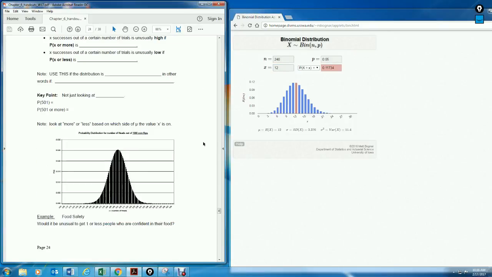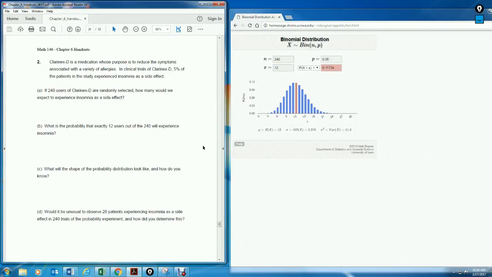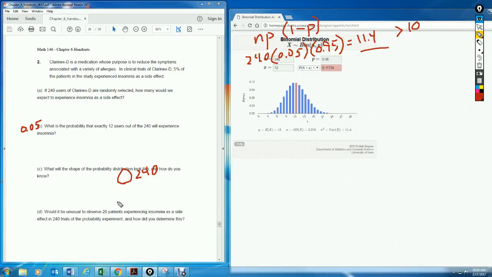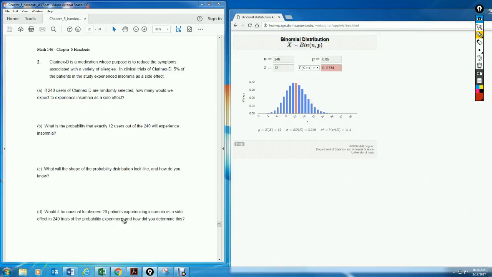So now if I come down here to the last part of the problem, D, would it be unusual to observe 20 patients experiencing insomnia as a side effect? And how did you determine that? All right. Well, we already have the mean. We already calculated above that the mean is equal to 12. So now what I'm going to do is calculate the standard deviation.